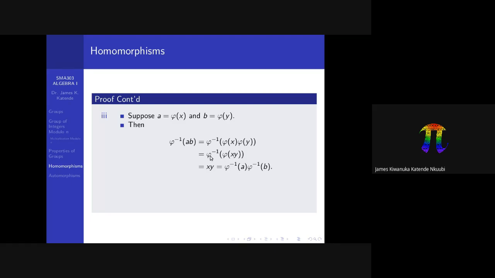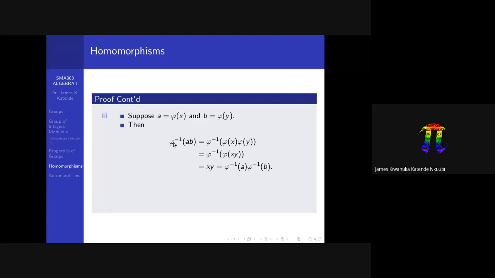Now, the composition of any map and its inverse will give you the identity, right? So this composition will give you XY. It will map anything to itself. So XY will simply be sent to XY. But X is precisely the pre-image of A, because A is mapped onto X. And Y is the pre-image of B under this map.